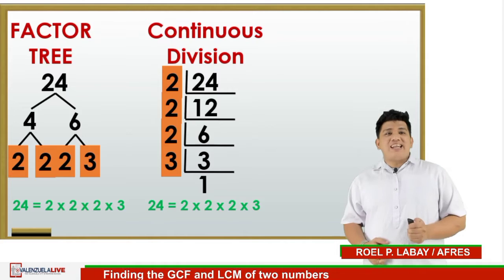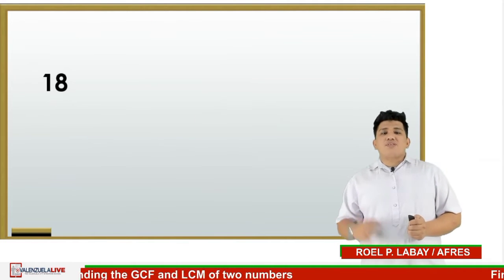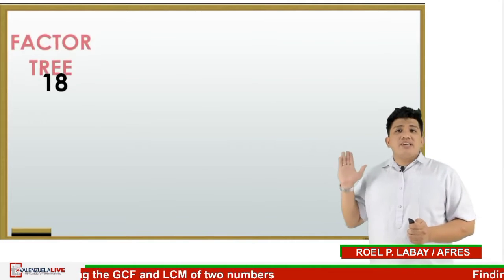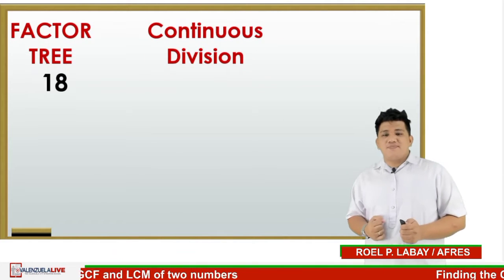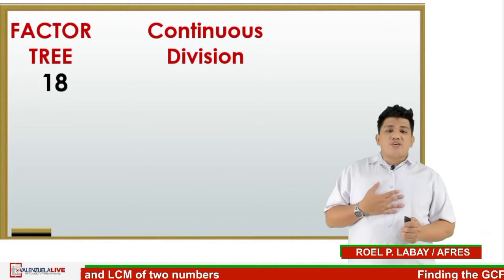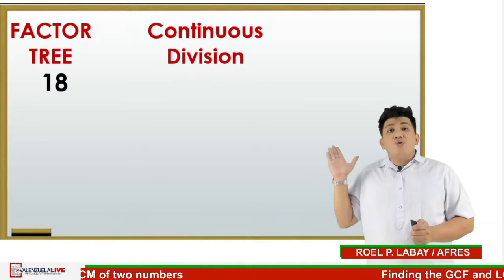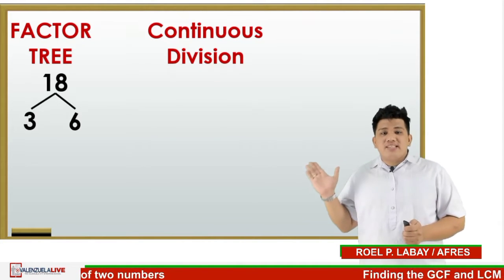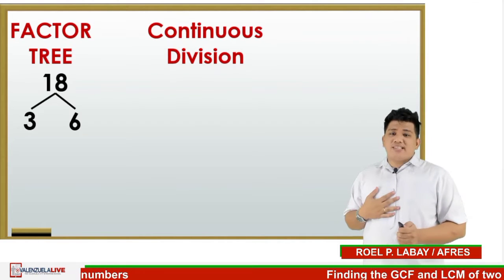Let's have another example. Let's get the prime factors of 18 by using the factor tree and the continuous division. To get the prime factors by using a factor tree, let's factor 18 into 3 times 6. But you can also use 2 times 9.